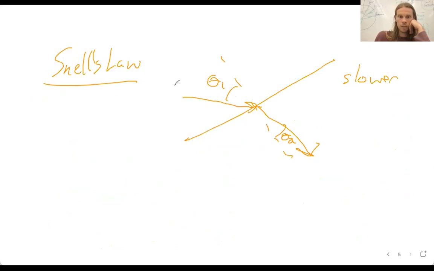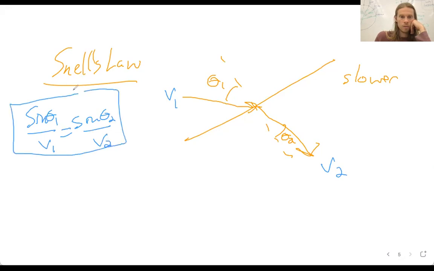There we go. So this is V1, this is V2. Sine of theta 1 over V1 equals sine of theta 2 over V2. Solve away. There's a secret that happens that you're going to find in your homework, and we'll talk about it on Monday. But there you guys go.